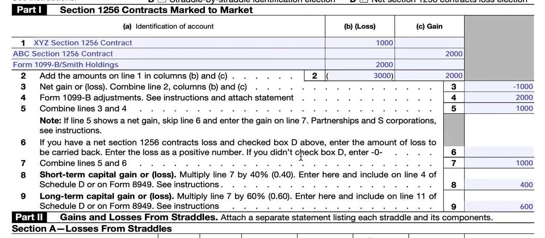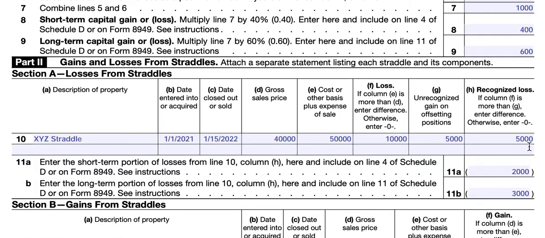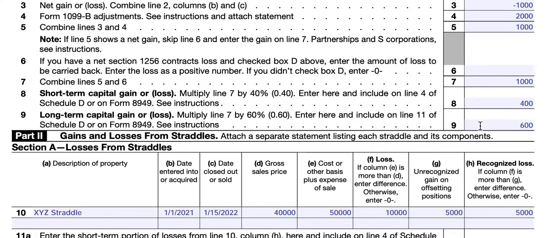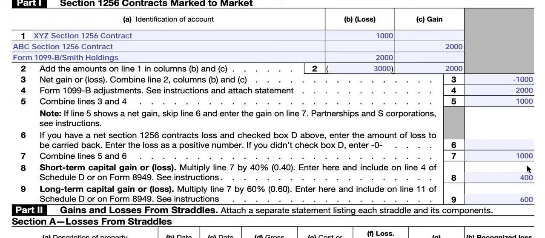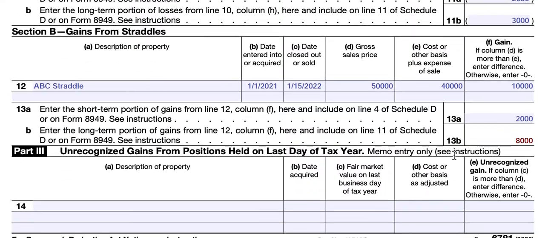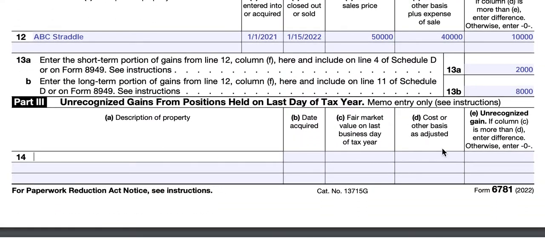So, for example, recognized loss on Part 2, and then recognized gains or losses here. So you would simply report this as DEF, and you would simply put whatever the fair market value is.